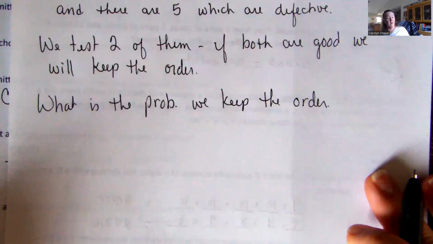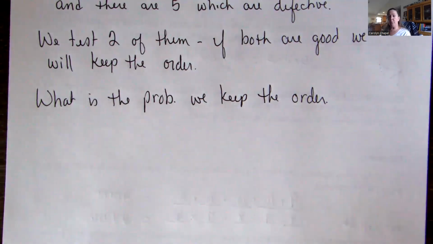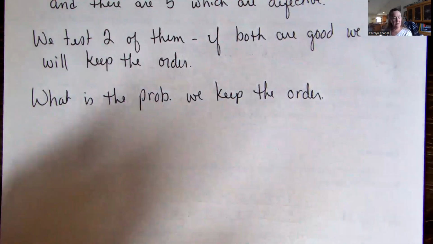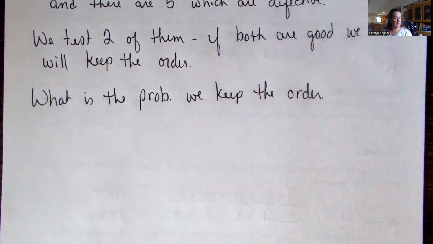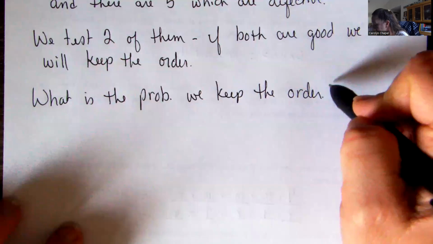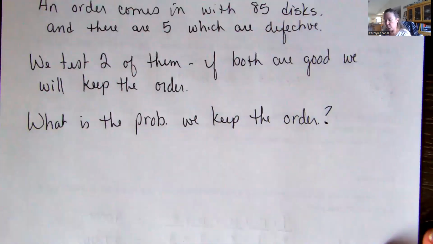Okay, and I'm going to do this one using some techniques. First of all, from 5.4, where we were talking about conditional probabilities. And then I'm also going to do one using our combinations and permutations, and you'll see that it is exactly the same thing. Okay, so we're going to keep the order, which means the only way we kept the order was both of them that we tested were good.